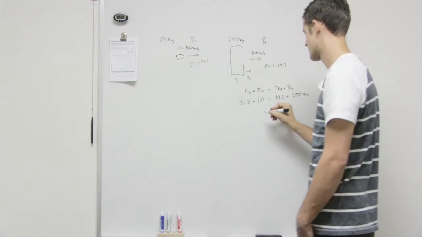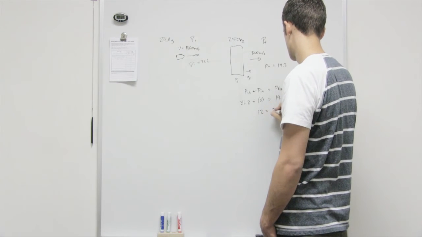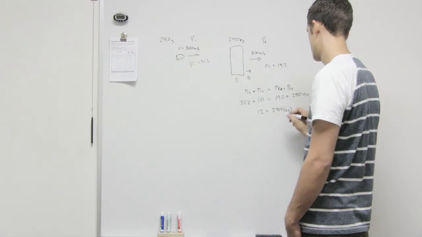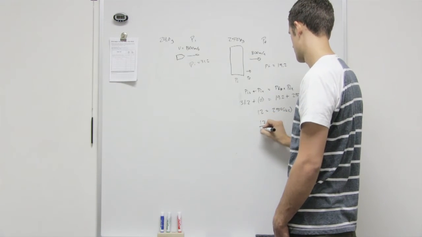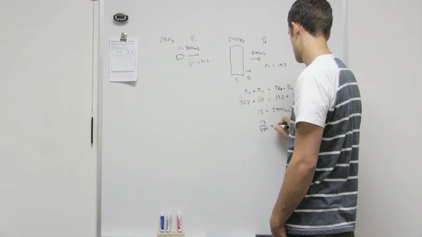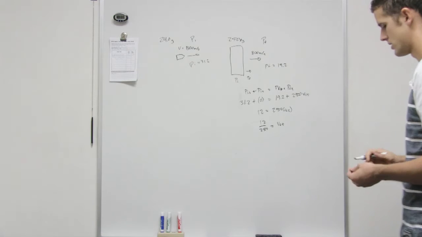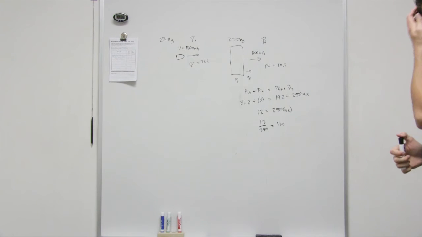So you subtract this over, and you get 12 equals 250 times v final. 12 over 250 is .048.